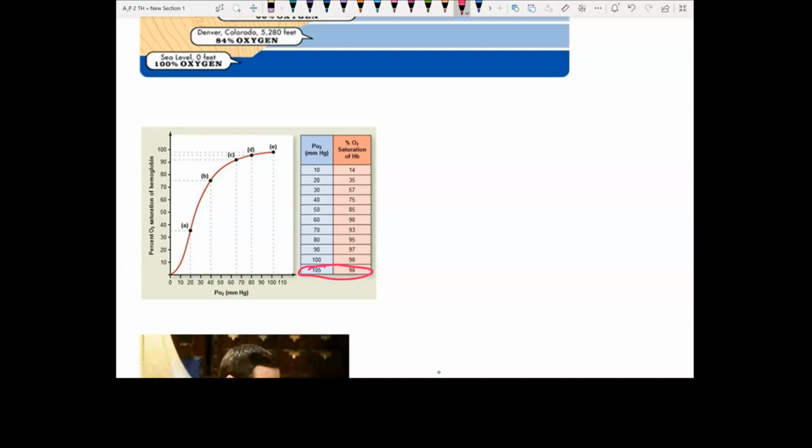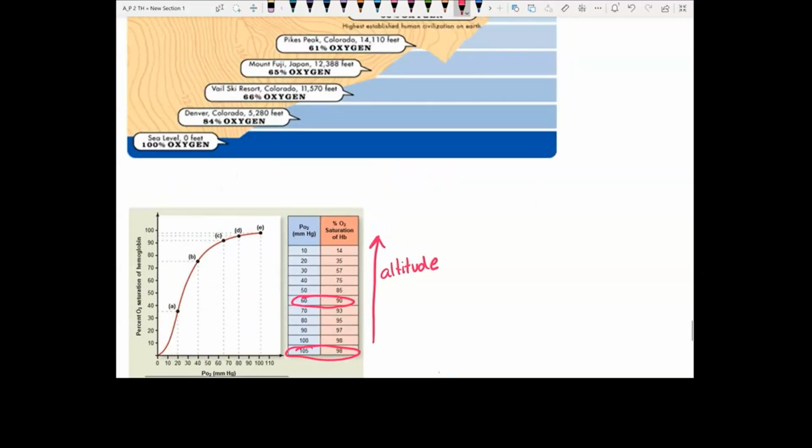As you go up in altitude, the partial pressure of oxygen goes down, and so your blood oxygen saturation would go down. Say you're somewhere where the partial pressure of oxygen is only 60 instead of 105, you would only be able to obtain a 90% O2 saturation.